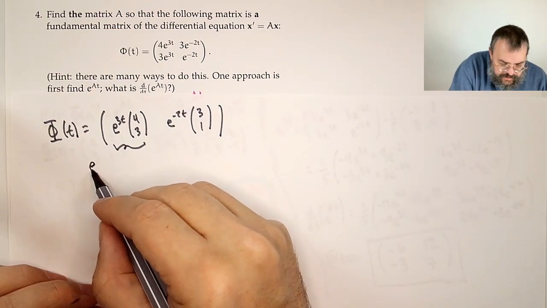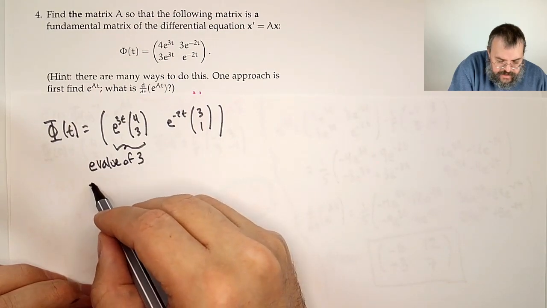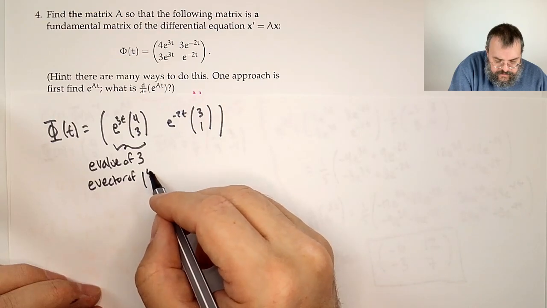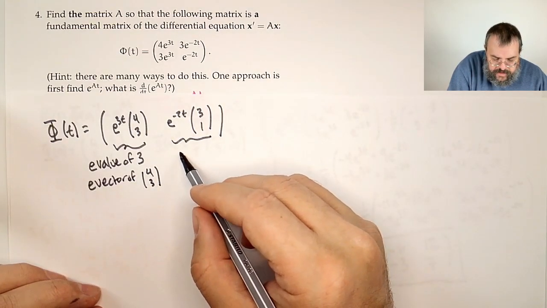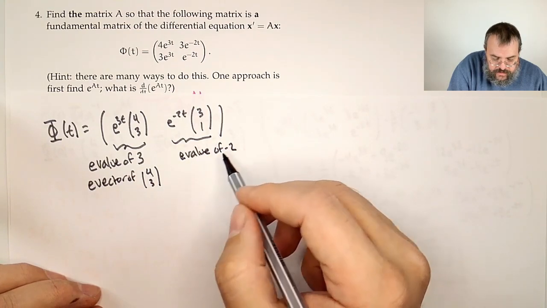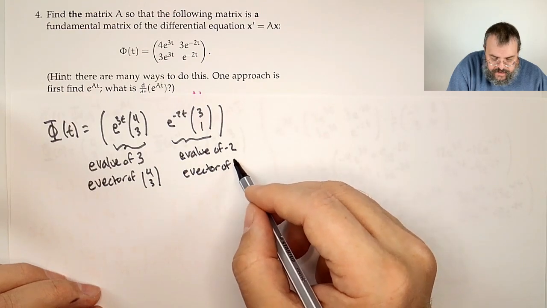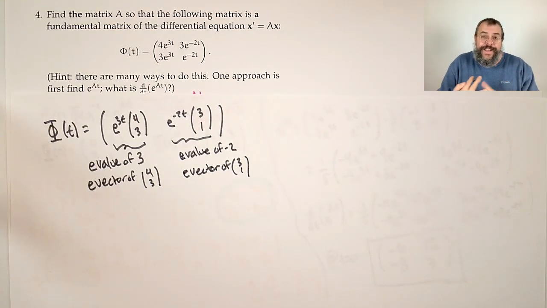So if you have an eigenvalue of 3, then the eigenvector looks like 4, 3. And then we can do the same thing here. Here, the eigenvalue is minus 2, and then the eigenvector would be 3, 1. And so we've got our eigenvalues and eigenvectors.